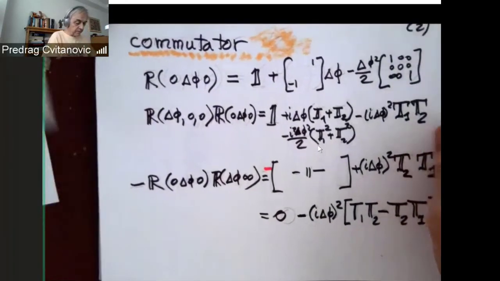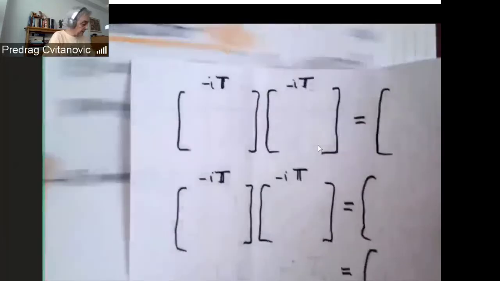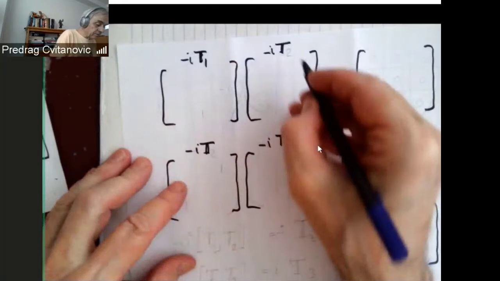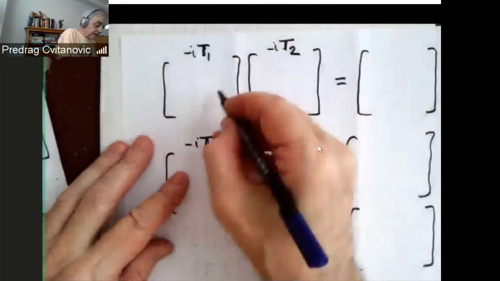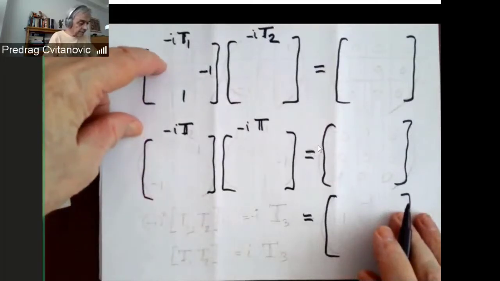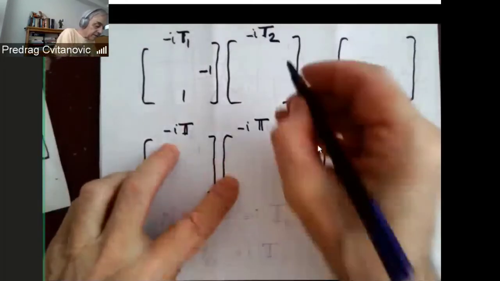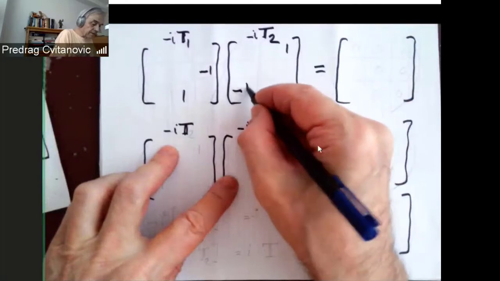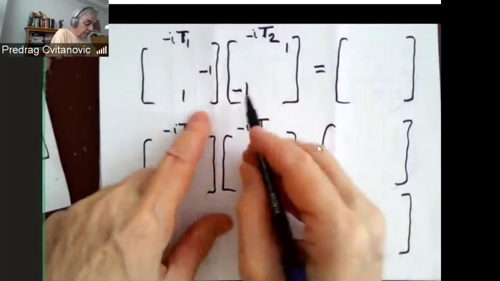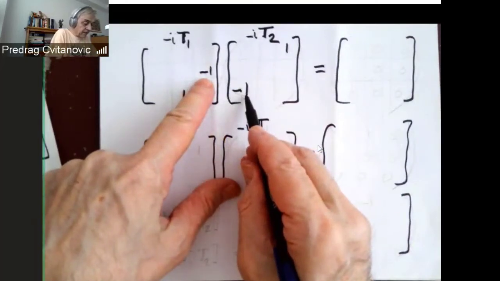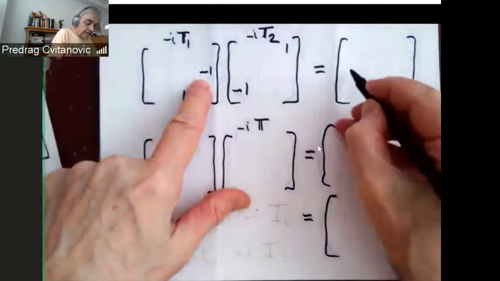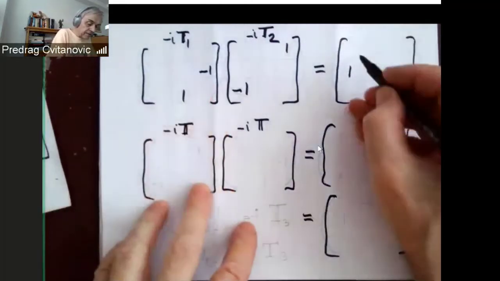It's easy to compute, so I have to compute the product of T1 times T2. This guy has minus 1 and 1 here because I'm rotating around the x-axis. This guy has 1, minus 1, and zeros every place. I multiply this matrix, and the only thing that contributes is this column multiplying that row, which is here, and everybody else is 0.